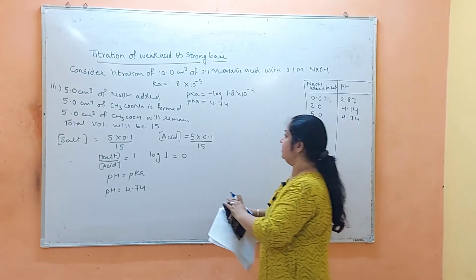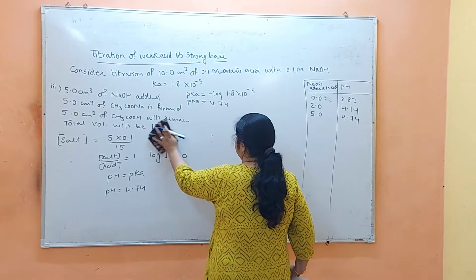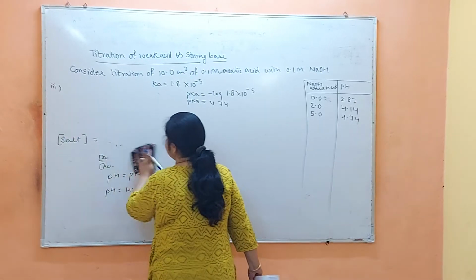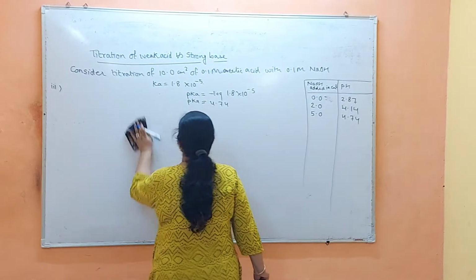Now in the next stage, in the vicinity of the end point, we will add 9.9 cm cube of NaOH.